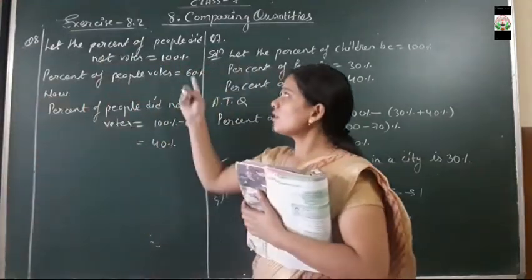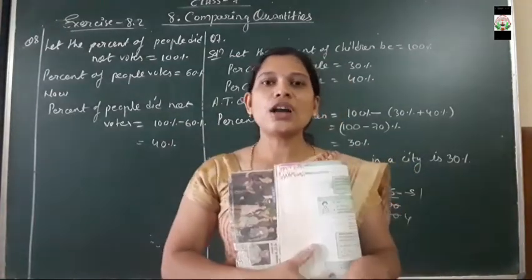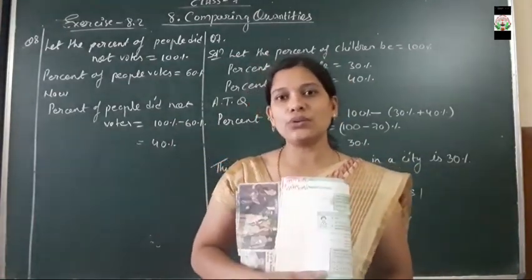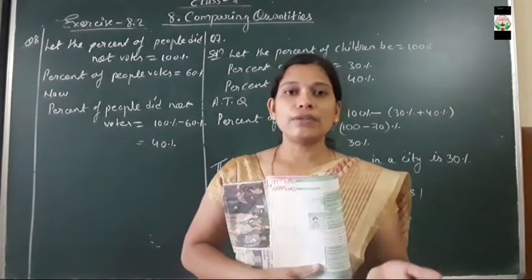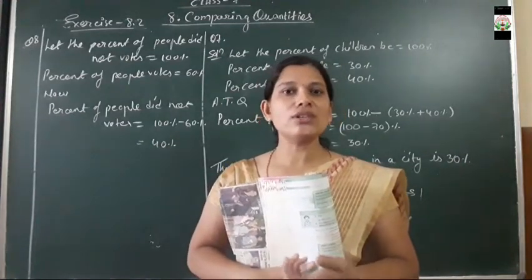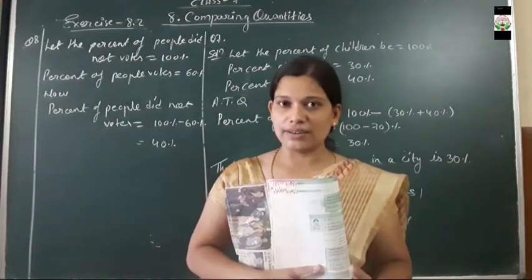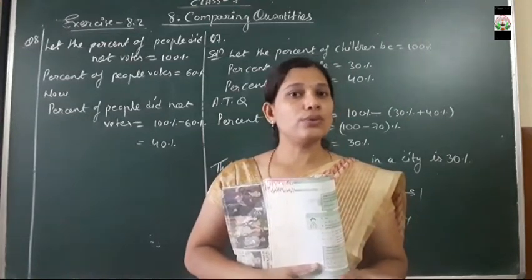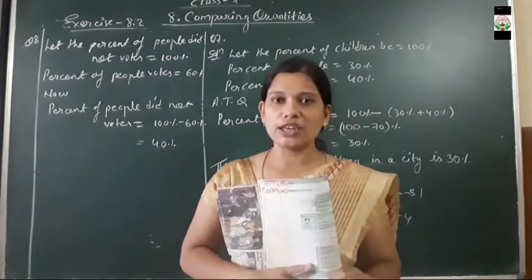Okay. Now in place of 100%, why do we consider 100%? Because altogether how many percent will be there of people who are going to vote? When we add the percent of the people who are voting and who are not voting, that will be equal to 100%, because the whole is considered as 100. So let the percent of the people who did not vote be x, that will be considered as 100%.